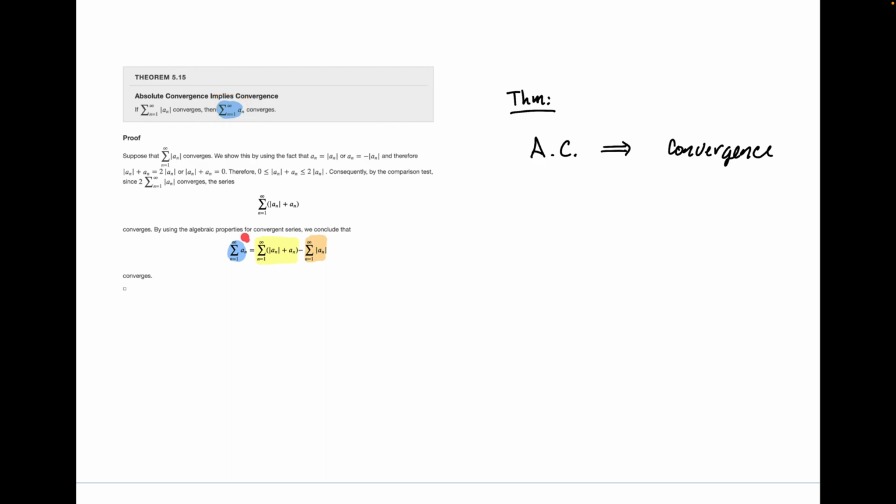The proof shows us that we can write the series in terms of two convergent series, and therefore itself converges. So absolute convergence implies regular convergence. Okay, that's good to know.